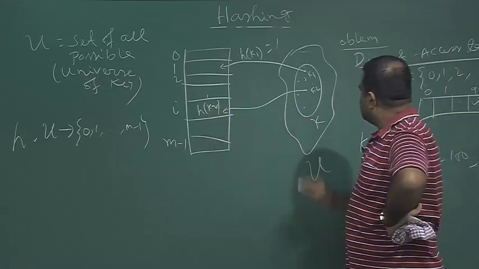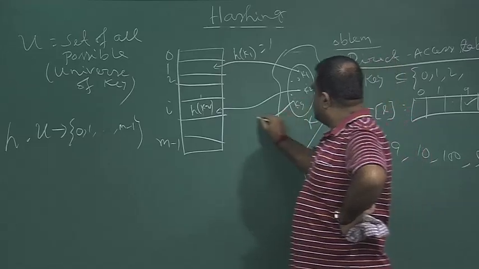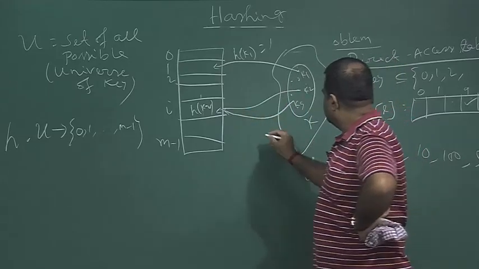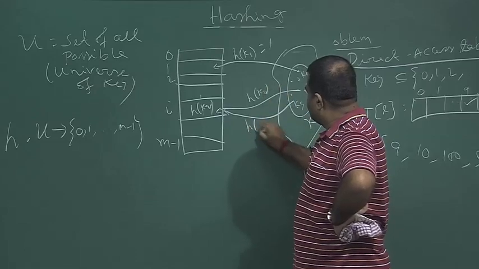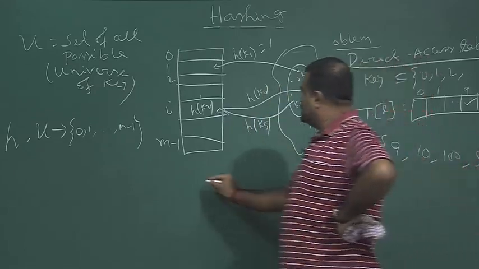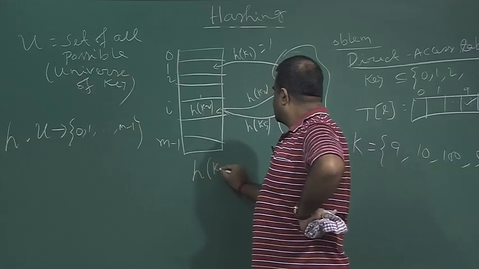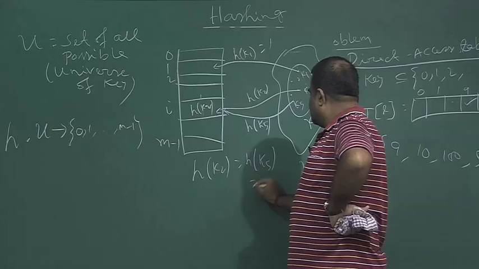Now the problem is, suppose we have a k5 for which the hash value is also i. So h of k2 is equal to h of k5, which is i, mapping to the same slot.